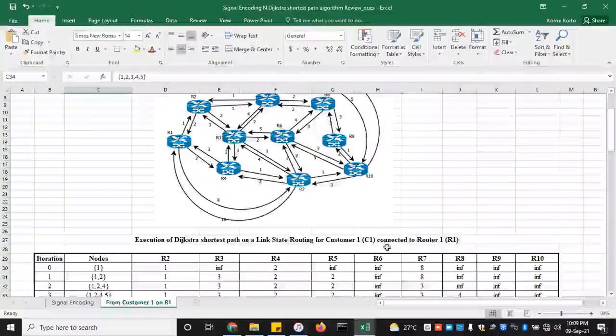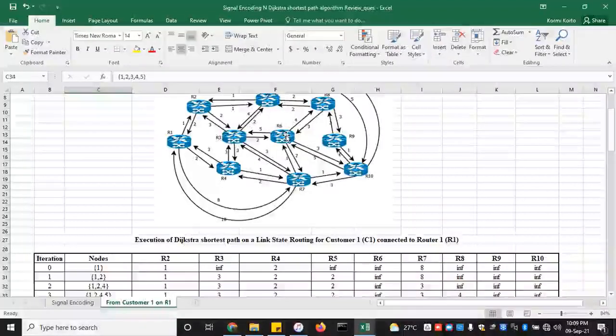So now we just have to calculate the least cost associated to getting the packets from router 1, from the customer C1, all the way up to a customer connected to C6, router 6.